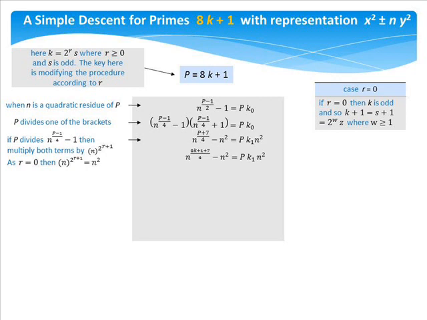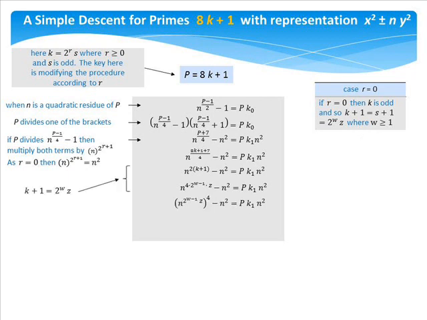After substituting p with 8k plus 1 and simplifying, the left side of the equation becomes n raised to 2 times k plus 1 minus n squared. Next step is substituting k plus 1 with 2 raised to w times z. Since w is bigger or equal to 1, then w minus 1 is at least 0. So we can factor 4 from 2 times k plus 1.